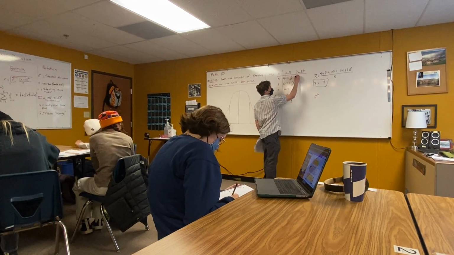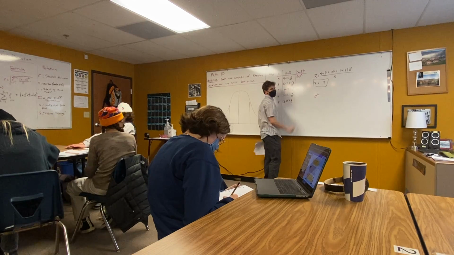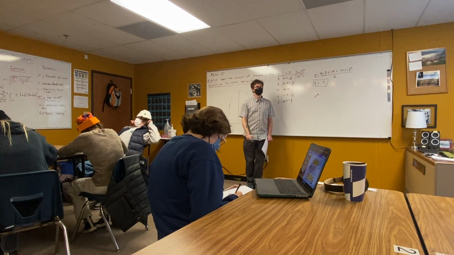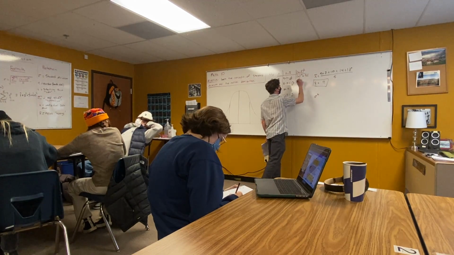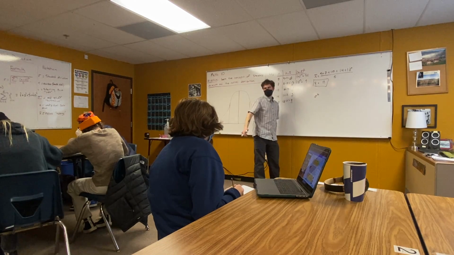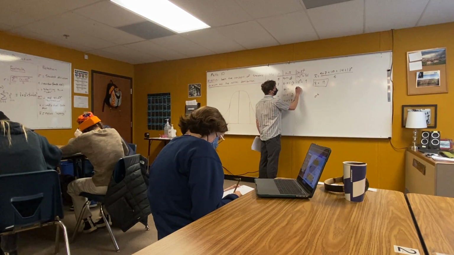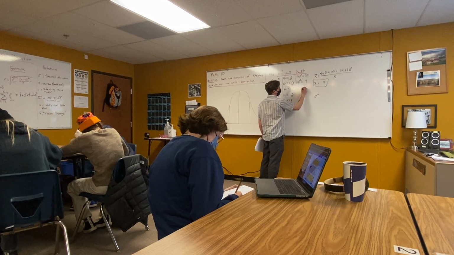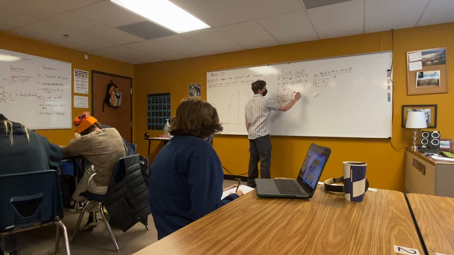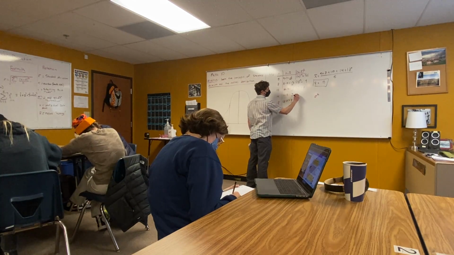So I'm going to take negative 6 squared, which is 36. And then I'm going to take negative 3 squared, which is 9. And I'm going to take negative 1 squared, which is just negative 1 times negative 1, positive 1. And then we're going to keep doing that.